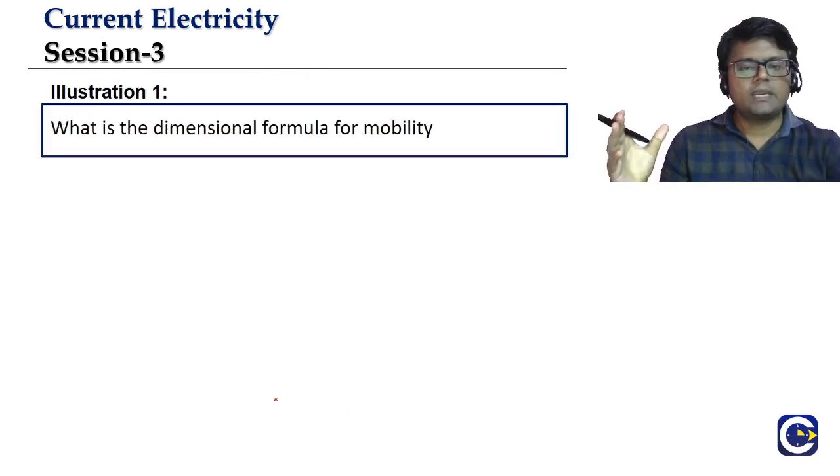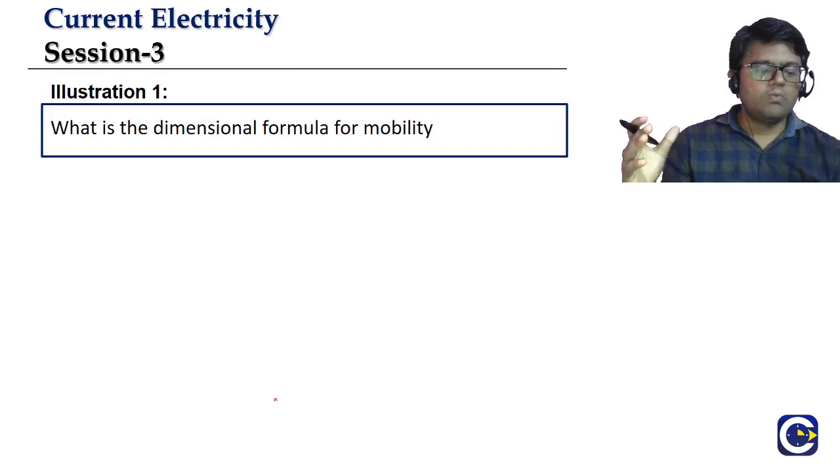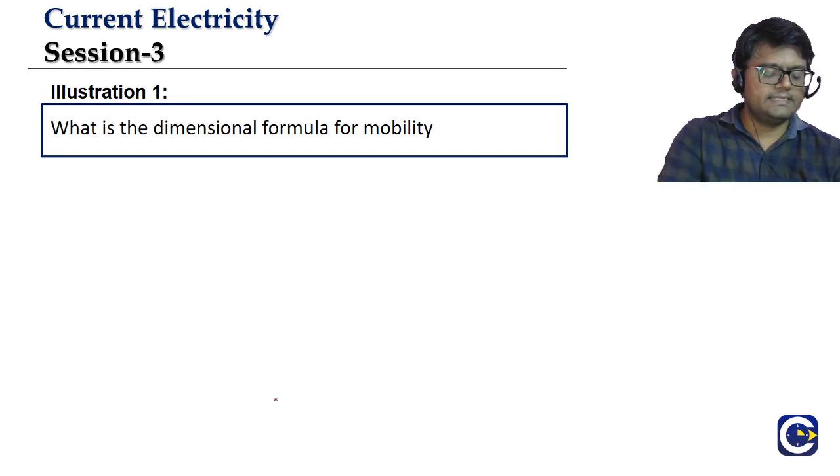So let's look at one question, guys. What is the dimensional formula for mobility? We understood what mobility is and its definition. We need to find the dimensional formula for mobility. Let's see who can answer this, guys. Yes, guys, any answers?